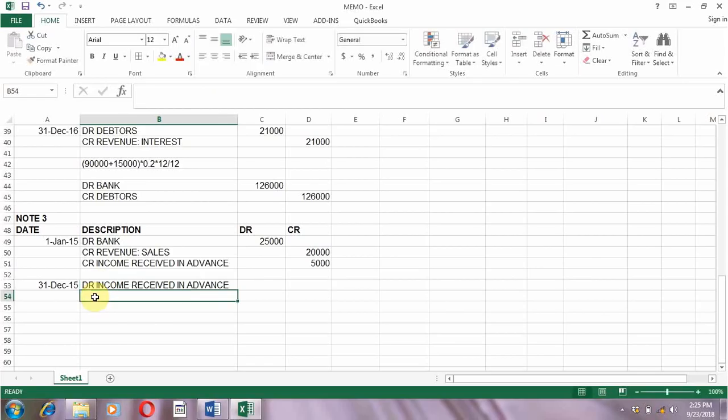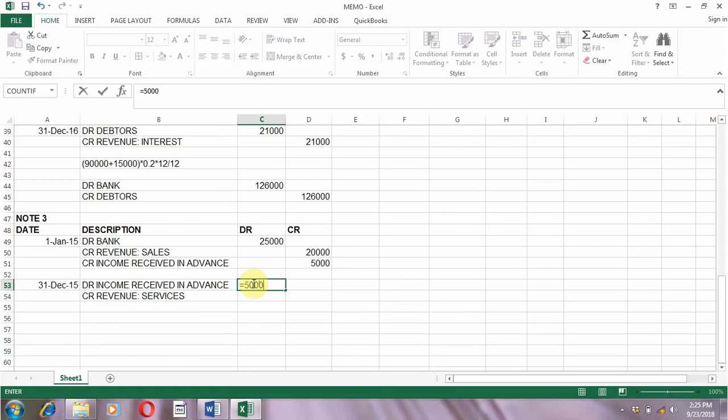I am going to credit my revenue, and it will now be services or repairs, whatever you want to call it. And I can recognize 1 year. So I know 5,000 is for 5 years, which means that it is 1,000 Rand a year. And then we need to take into account furthermore that there were a total of 5 being sold. So this will then be 1,000 divided by 5, which gives you 200 Rand that can be recognized.